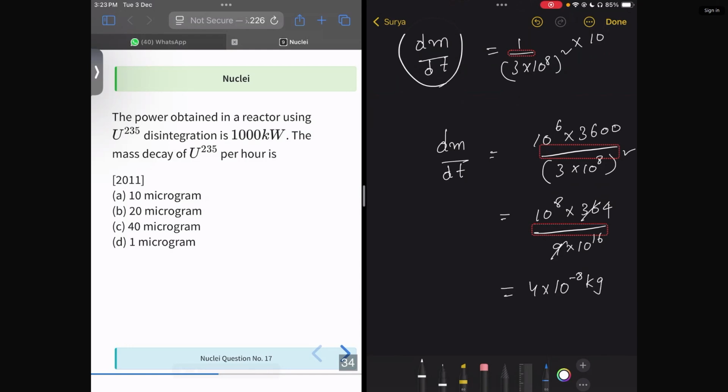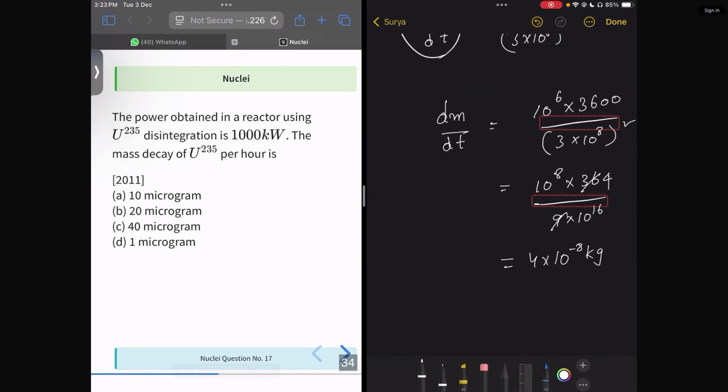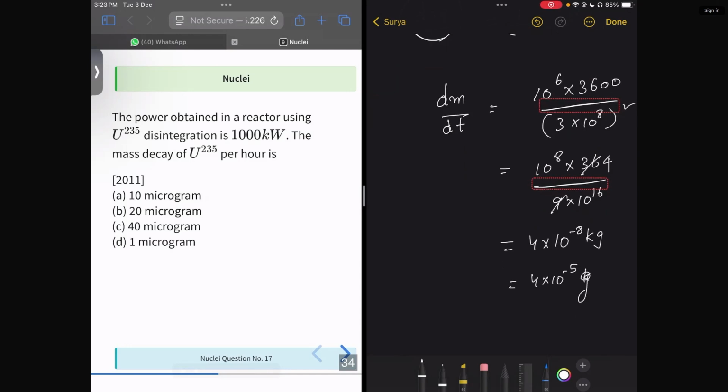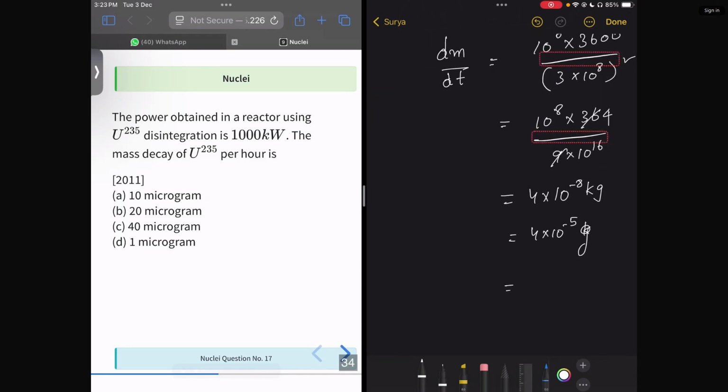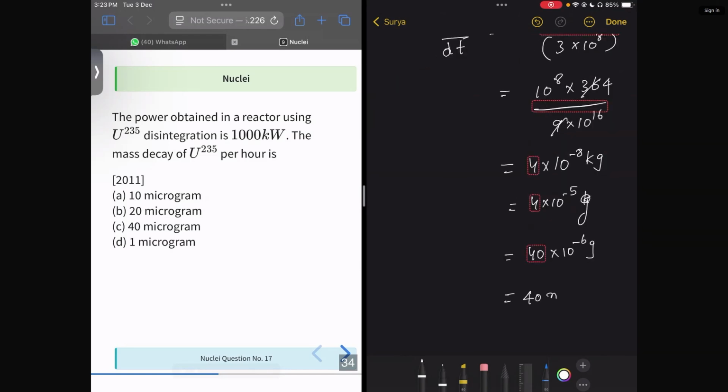So 1 kg is 10 power 3 gram, so we can write it as multiplied by 10 power 3. It will be 4 into 10 power minus 5 gram, so it is microgram. So 40 microgram mass decay will happen per hour of uranium-235. So option C is the right answer.